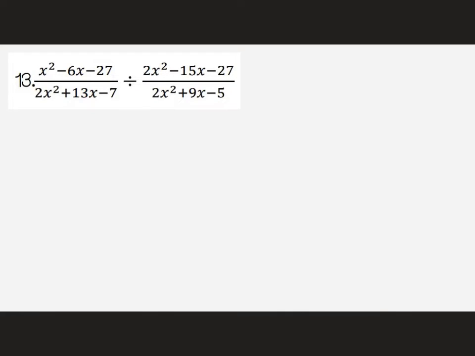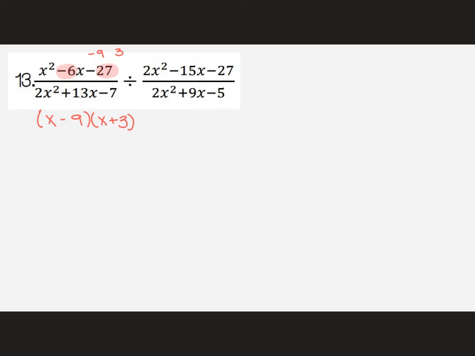In our last division problem, we're going to start by factoring. So for this first numerator, I'm looking for factors of negative 27 that add to be negative 6. So that would be negative 9 and positive 3. So x minus 9, x plus 3.